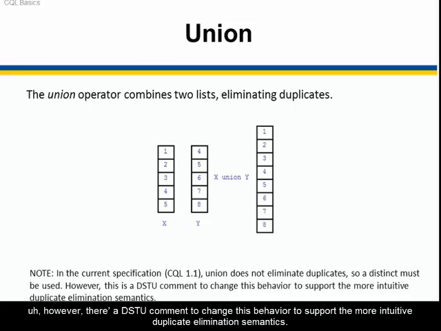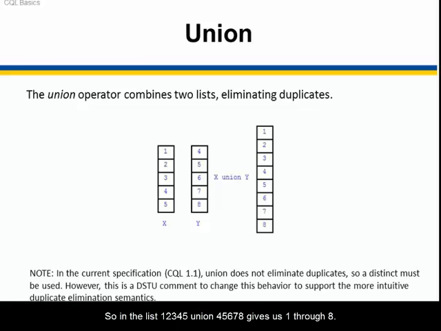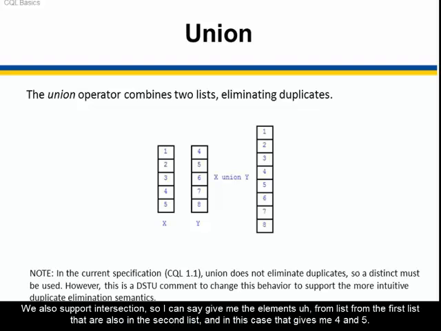However, there is a DSTU comment to change this behavior to support the more intuitive duplicate elimination semantics. So in this case, we would combine the elements from both lists with elements appearing in both lists appearing only once in the result. So the list 1, 2, 3, 4, 5, union 4, 5, 6, 7, 8 gives us 1 through 8.